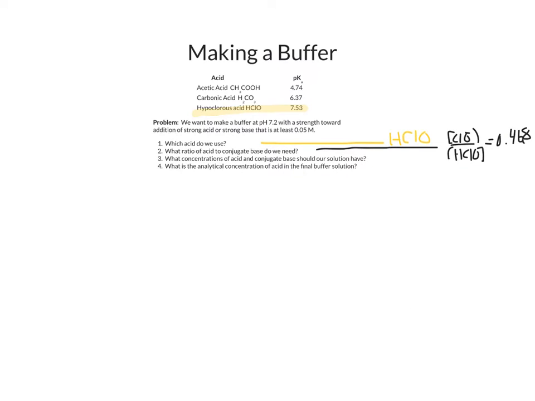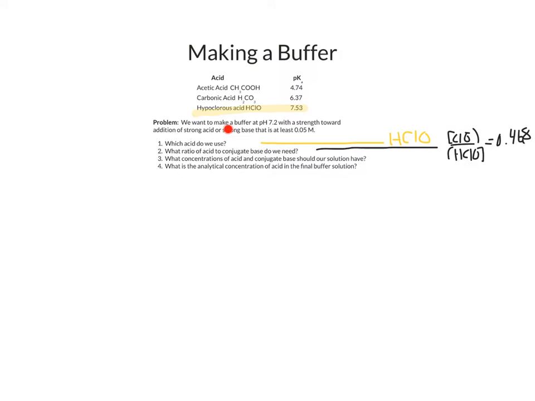To answer the next question, we remember what happens when we add strong acid or strong base to a buffer. If I add strong acid, that strong acid is going to react with the conjugate base that I have present in solution. And so if I want to be able to add at least 0.05 molar of strong acid, I need to have at least, if not more, 0.05 molar of the conjugate base in solution.